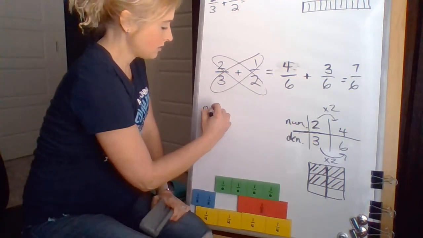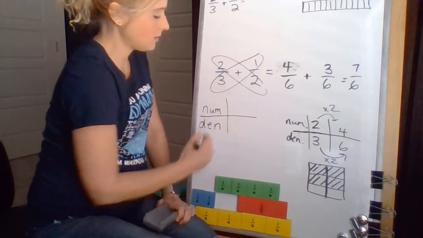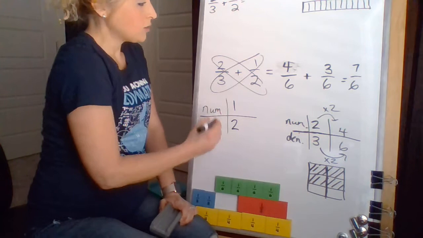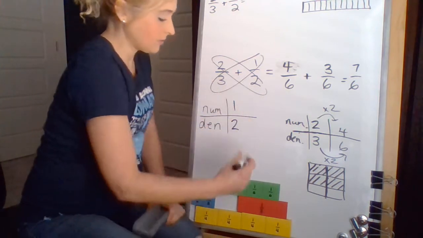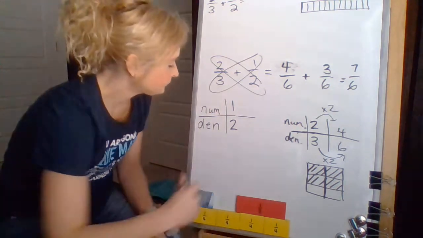So numerator and denominator, we had 1/2, and we tripled the number of pieces. So let me draw that for you.